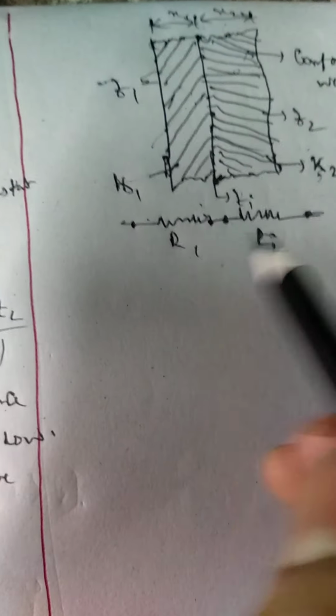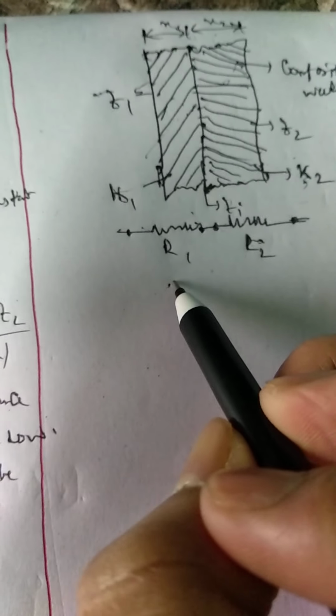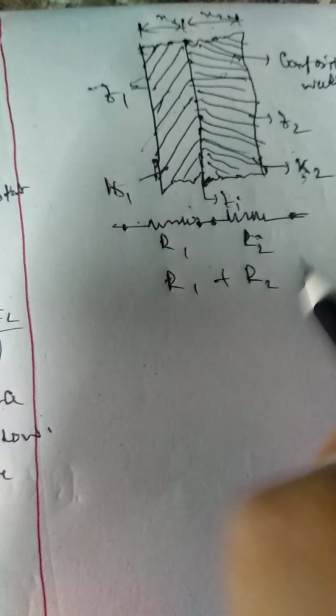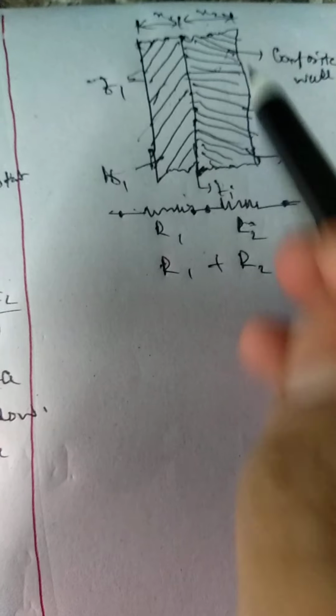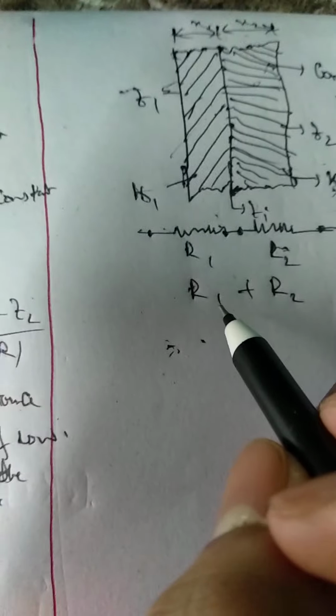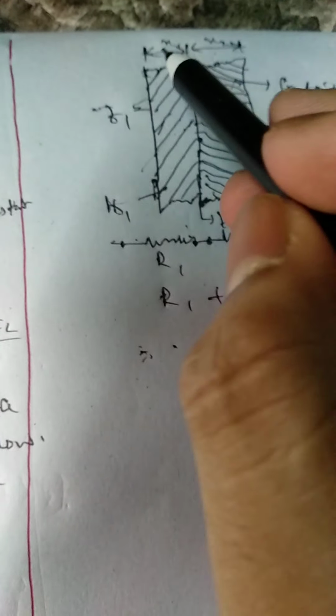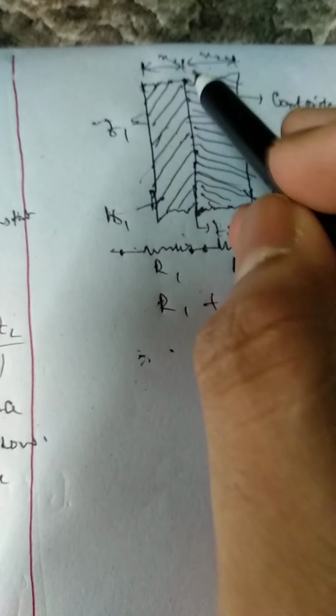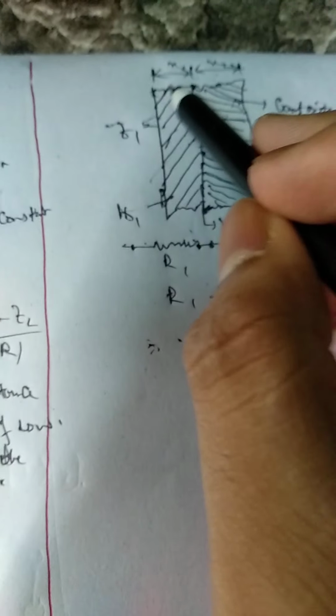So the combination of resistances will be R1 plus R2. So this is similar to this composite wall, and its resistance will be, now the thickness is x1 and x2 respectively, the thickness of the first and the second walls.